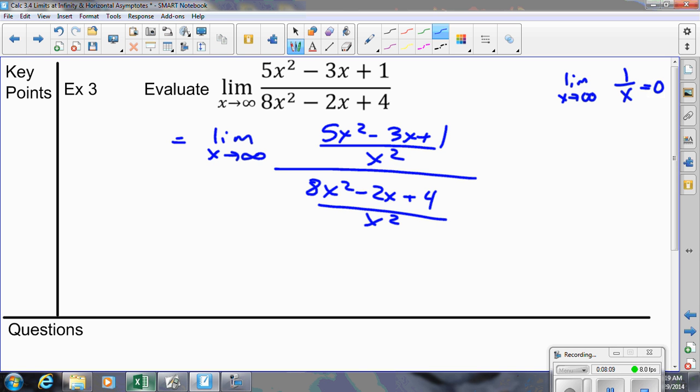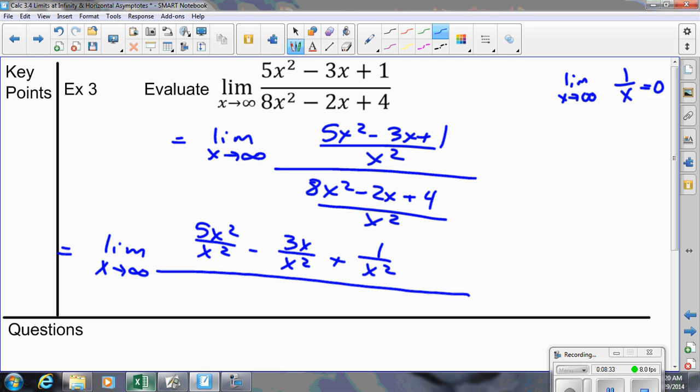You'll note the algebra, x squared over x squared, doesn't change it. But that allows us to rewrite this whole piece. As x approaches infinity: 5x squared over x squared minus 3x over x squared plus 1 over x squared, over 8x squared over x squared minus 2x over x squared plus 4 over x squared.